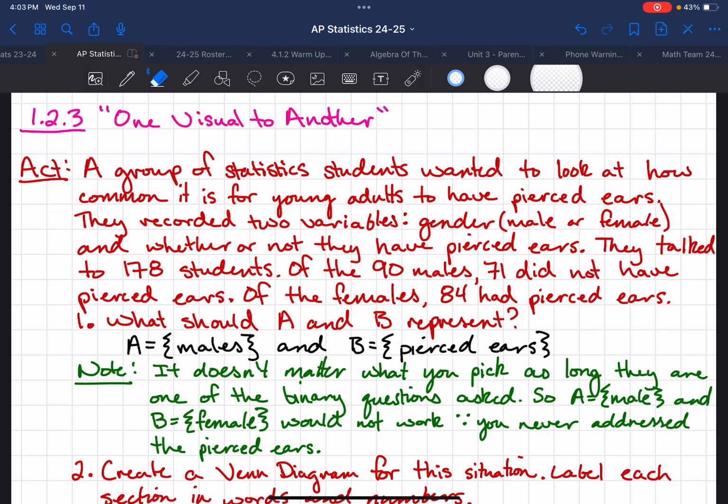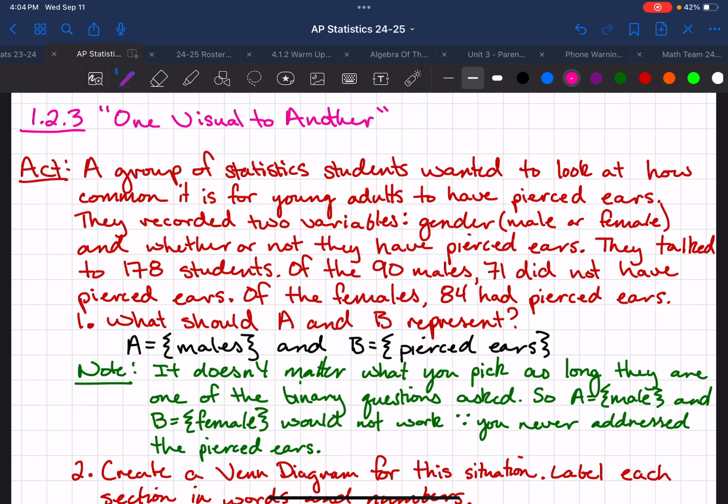All right, so the way I defined it is A is males and B is pierced ears. Now, caveat with that, you could choose pretty much anything as long as you represent both variables. Now, you'll notice down in that note that you hopefully were reading, it doesn't matter what you pick. So if you chose A as females, B as people without pierced ears, that is just as good and will get you the same answers.